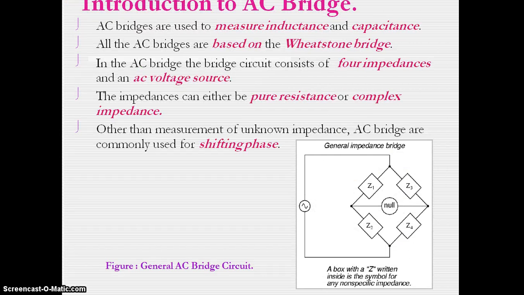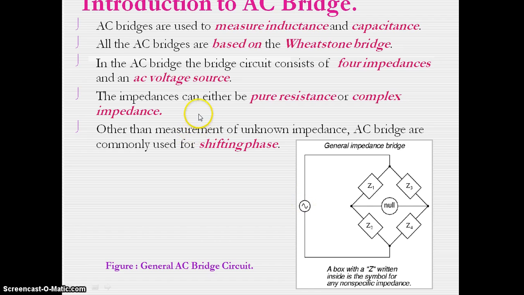AC bridges are used to measure inductance and capacitance. All the AC bridges are based on Weston's bridge network. In an AC bridge, the bridge circuit consists of four impedances Z1, Z2, Z3, Z4 and an AC voltage source.